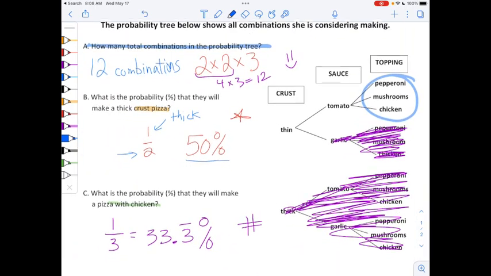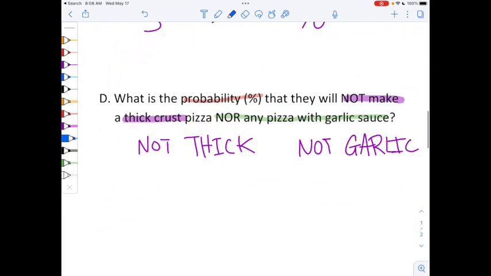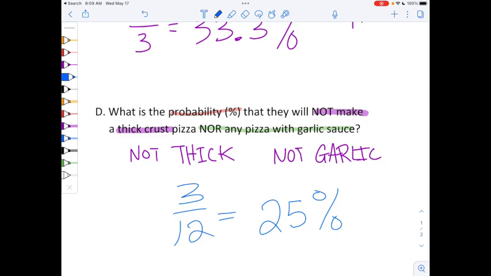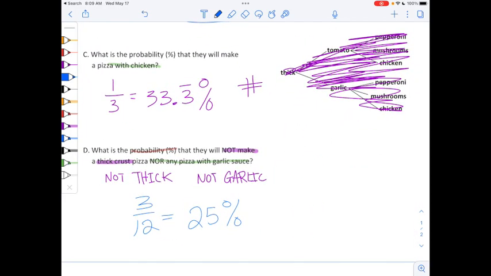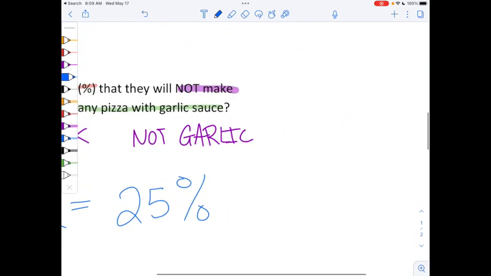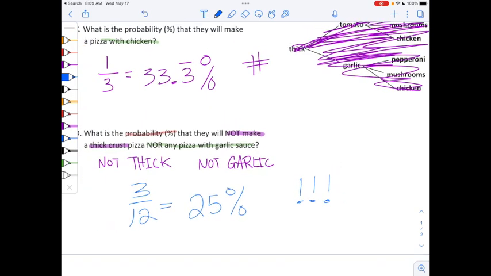So that would be 3 out of 12. So we have 3 out of 12 equals 3 divided by 12 times 100 should be 25%. Okay, if you have 25%, you can give yourself 3 exclamation points.